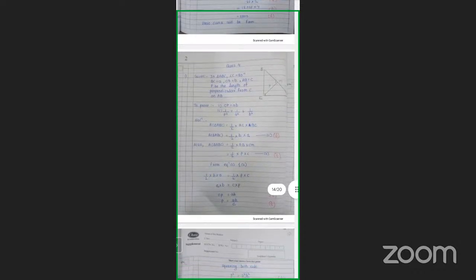So here we have completely discussed the first three questions. Then focus here on question number 4, that is like a HOTS question, correct? So first read that question carefully. In triangle ABC, angle C is equal to 90 degrees.